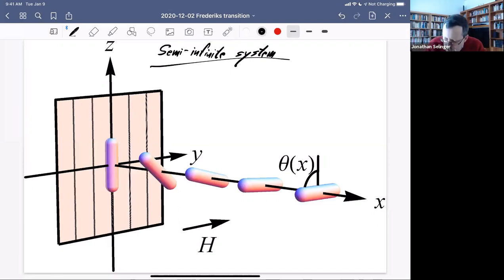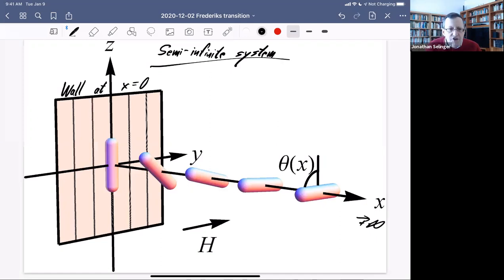In this picture, let's say we have a wall at x equals 0, but it goes off to infinity as x goes to plus infinity.